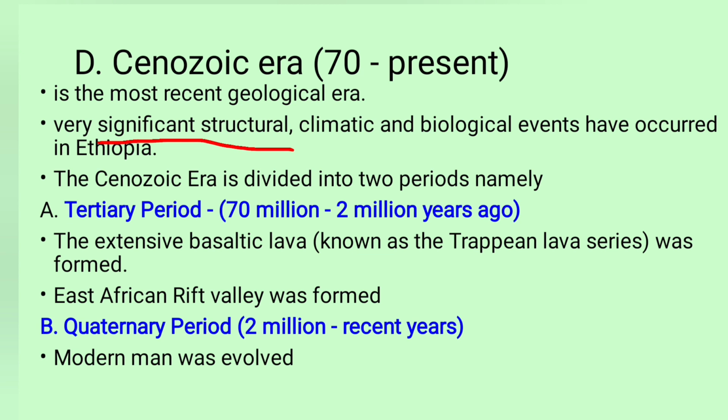The Tertiary period covers 70 million to 2 million years ago. In this period, the extensive basaltic lava, known as the Trap series lava, took place, and the East African Great Rift Valley was also formed. Again, during the Quaternary period, 2 million years ago to recent time, modern man evolved.